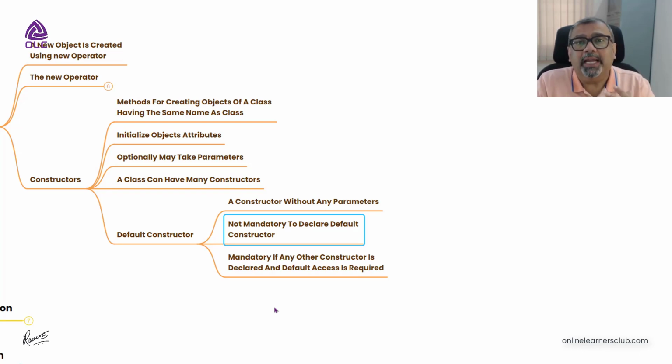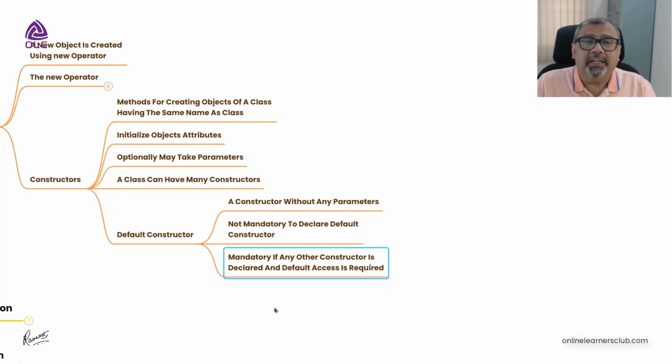In case you want to create any other additional constructors which require some parameters, then you need to go ahead and create one. And it is mandatory to declare the default constructor if any other constructor is declared. Which means, if I need a Rectangle object to be created as is, without passing any parameters, and I have already created a Rectangle constructor which takes width and height, in that case the default will not work.